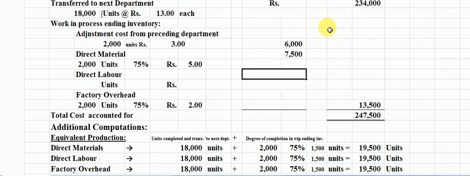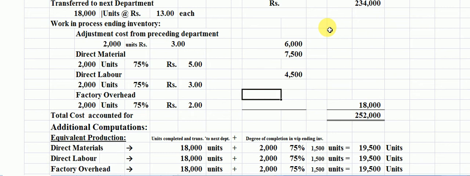Now we move to direct labor, 2,000 units. The degree of completion here is 25% and this is the per unit cost. Now we again multiply 2,000 into this, and 4,500 rupees is the cost incurred in process as direct labor cost.